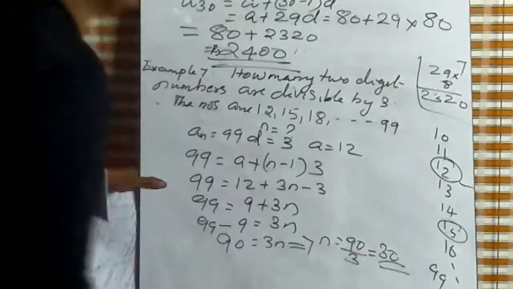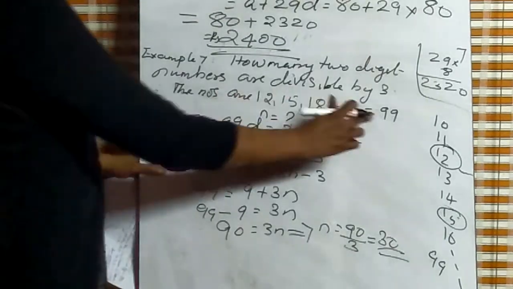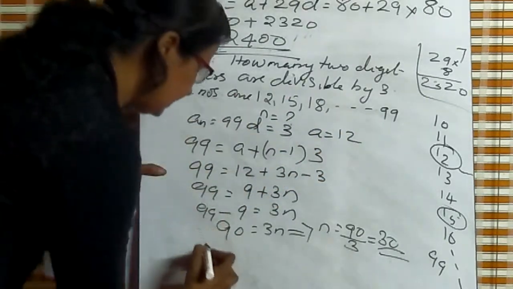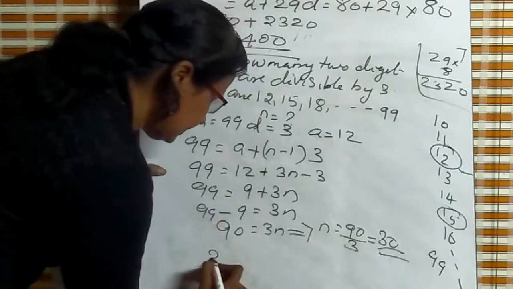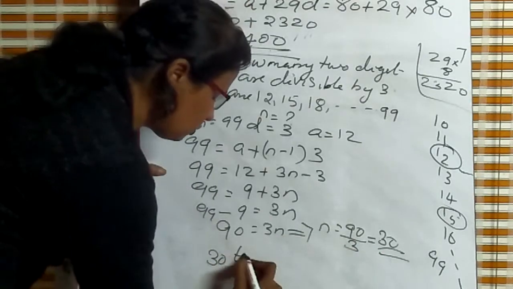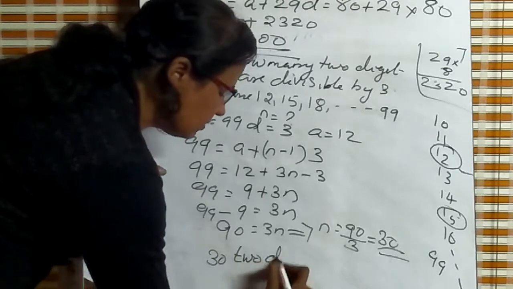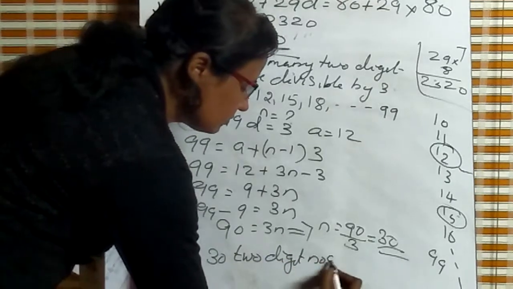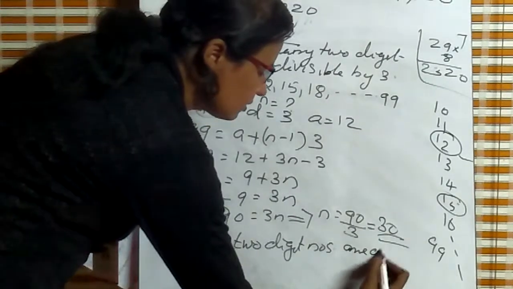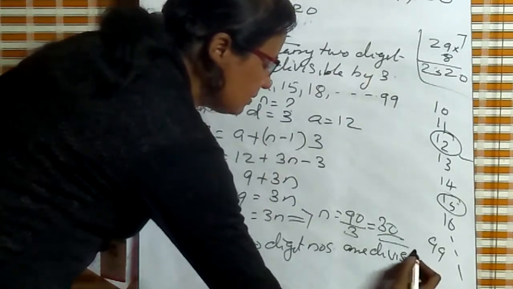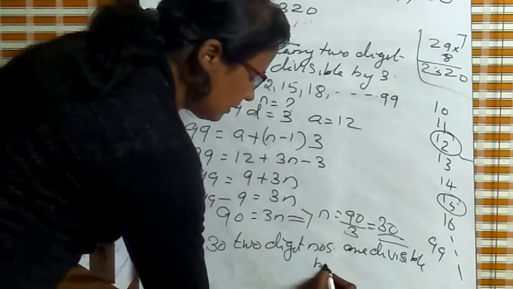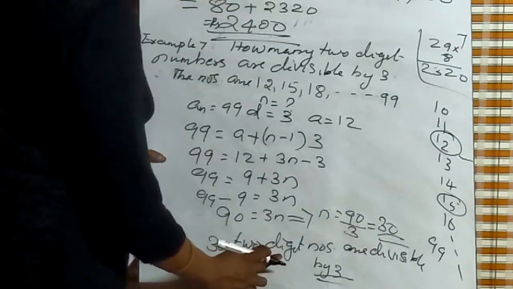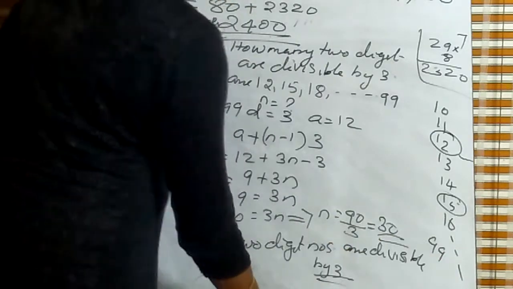So, how many numbers are in between 12 and 99? We have 30 numbers. n is equal to 30. 30 2-digit numbers are divisible by 3.